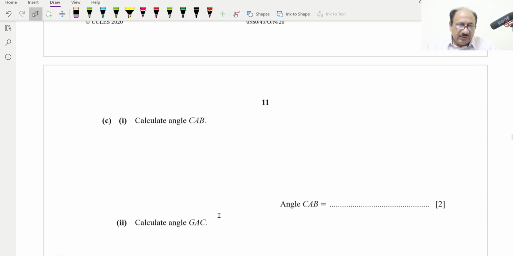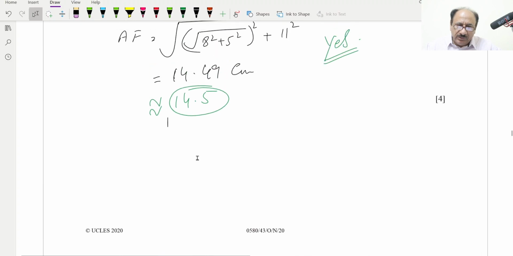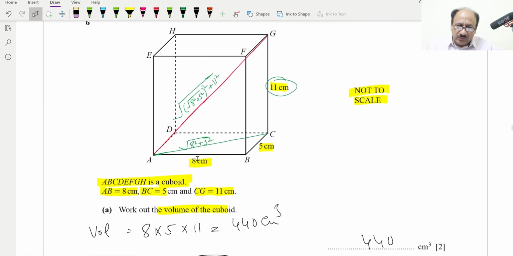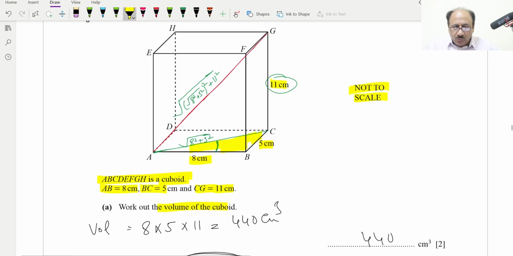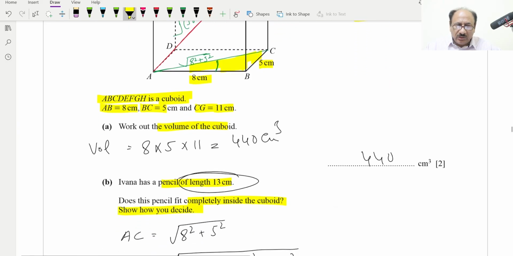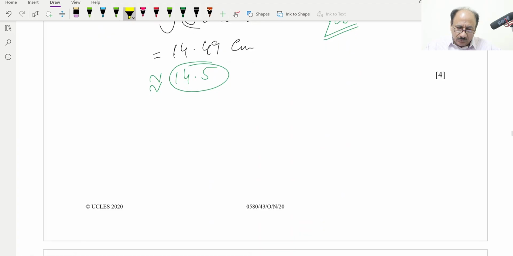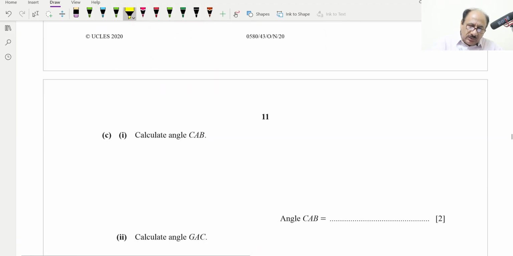Now calculate CAB. Now what is CAB? From the drawing, CAB is basically this angle. So we will consider this shaded triangle.